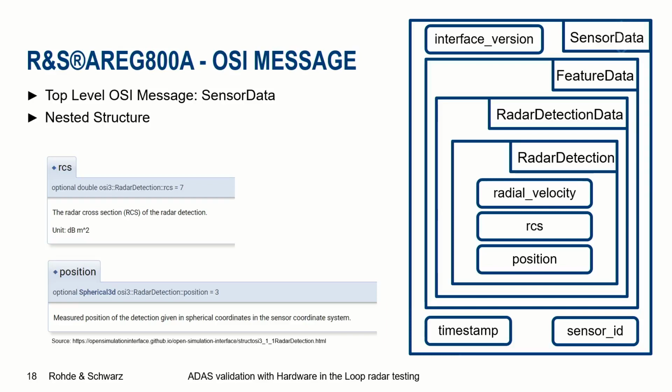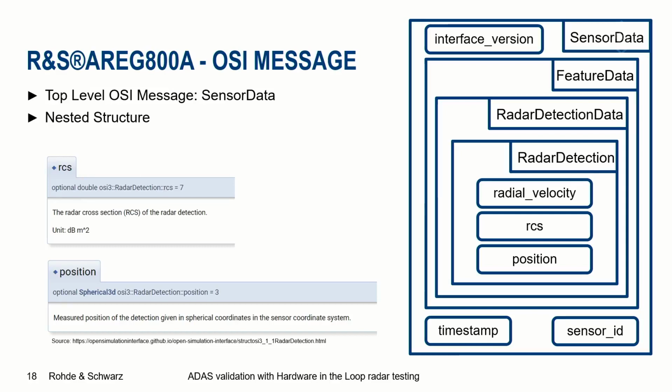To make it more visible for you, I added some of the descriptions from the documentation of the Open Simulation Interface. It states exactly which parameter is in which unit. So it's a convenient way to integrate all the different simulation environments. You don't have to change it all the time, where one needs one unit and the other one needs another unit for the parameter.